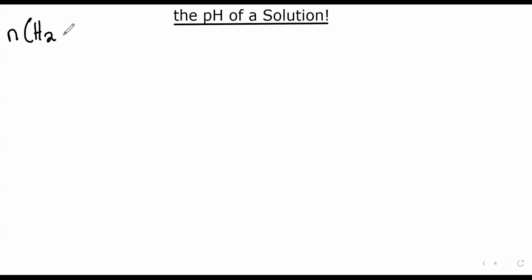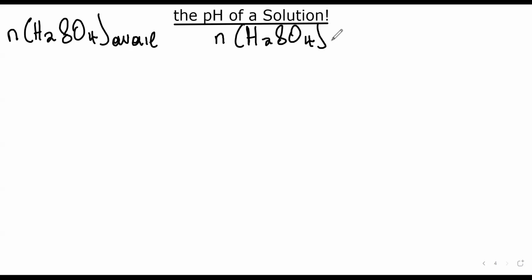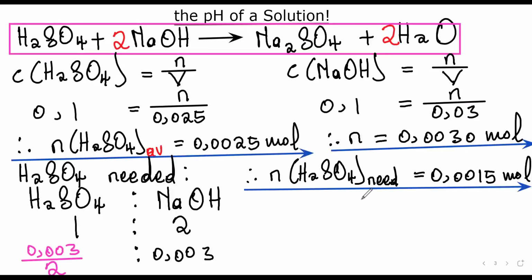So we want to compare the number of moles of sulfuric acid that were available at the start versus the number of moles that are needed in order to react with sodium hydroxide. How do they compare?